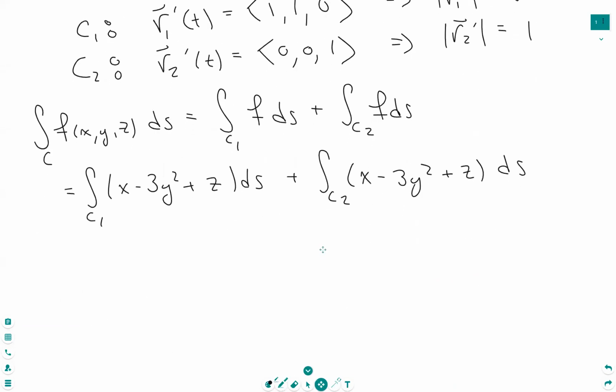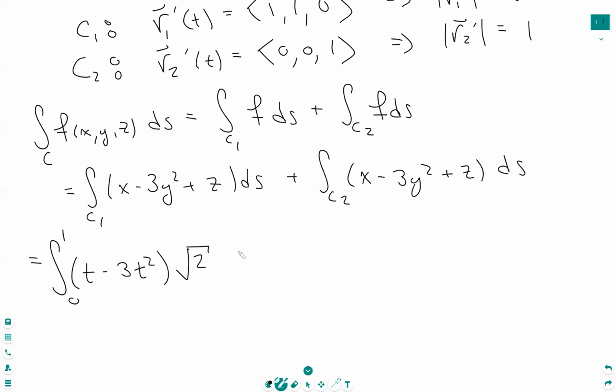So now, for each of these line integrals, we did a parameterization. On the C1 segment, we went from 0 to 1. We said that x was t, and we also said that y was t, and z ended up being 0.